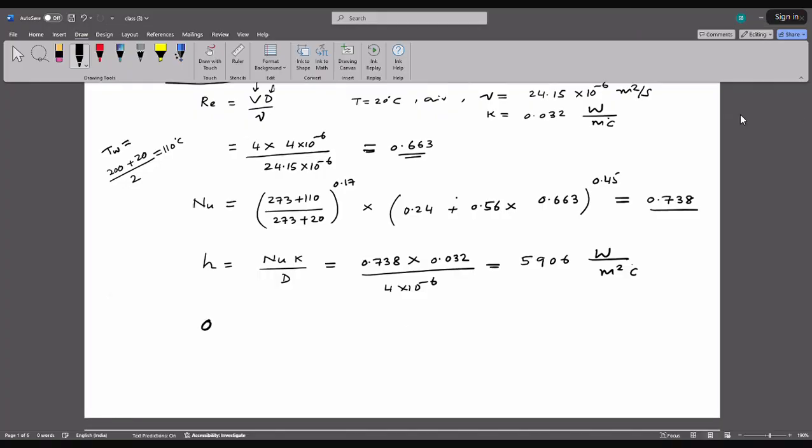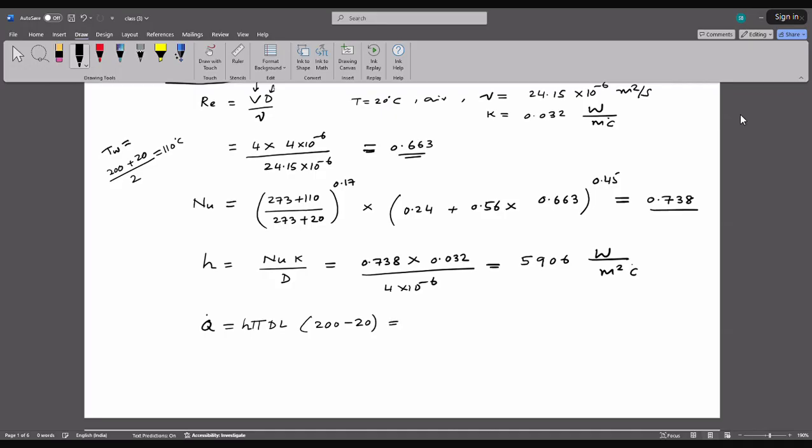So the heat transfer Q dot from this formula, the heat dissipation, can be calculated as pi d into L into H into 200 minus 20.